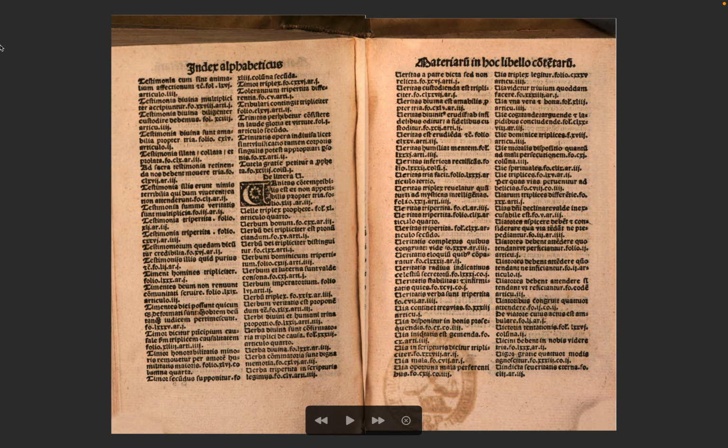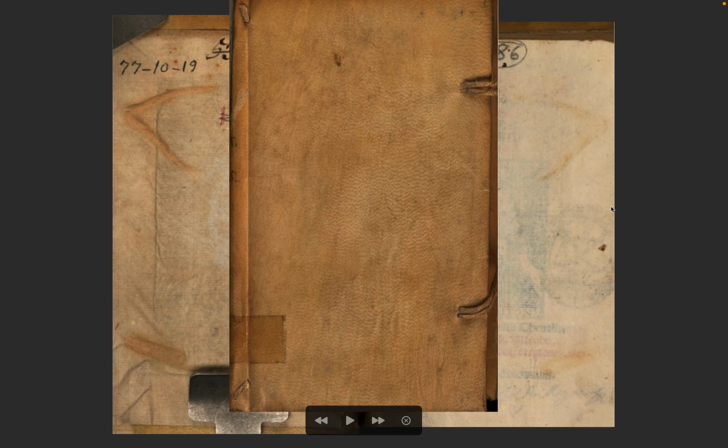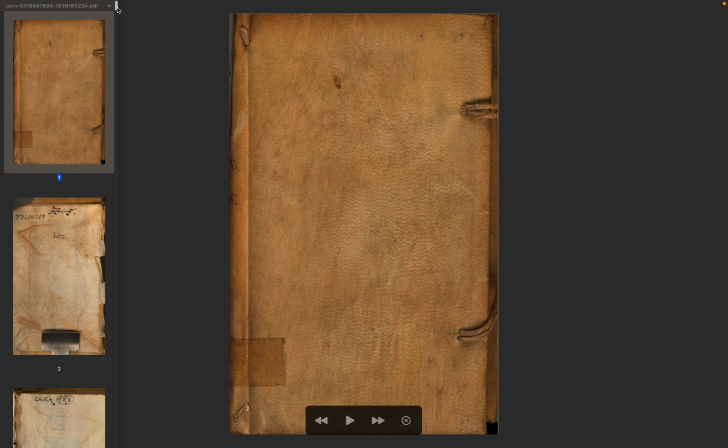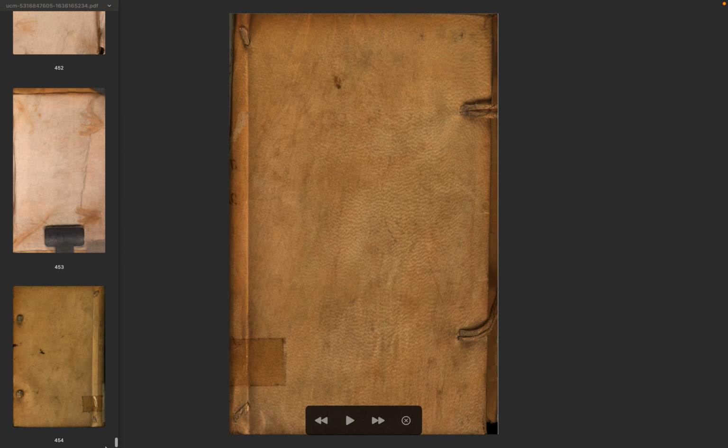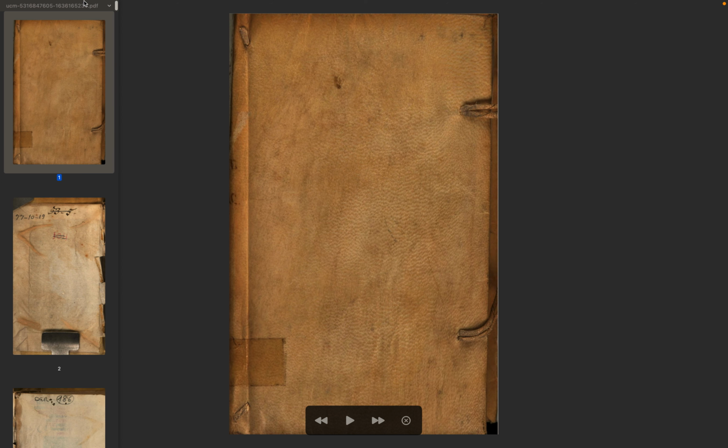And what did the whole book look like if you don't? Because sometimes you're able to tell even if you don't have the full book. Some books would have what's called a register, and they would say, oh, this is what the whole book looks like. This one doesn't have that, so you have to kind of do it by hand.